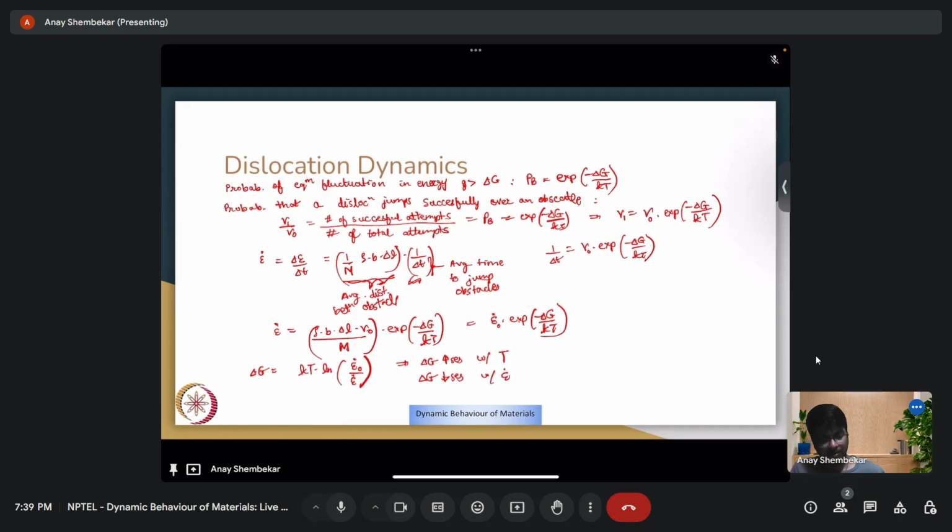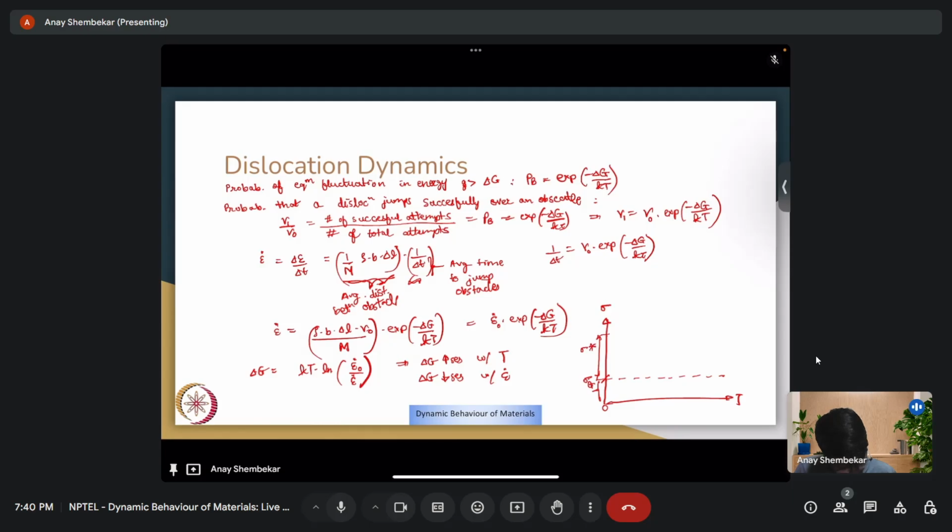So if I were to plot a stress versus temperature plot, note that there will be a long-range obstacle associated athermal component, which is sigma G, and the rest of it is sigma star. This is from our previous discussion.